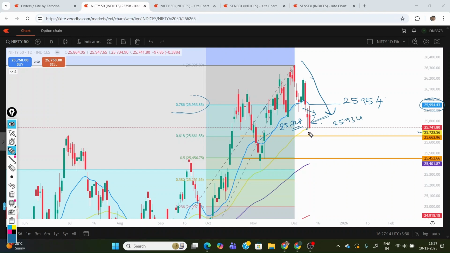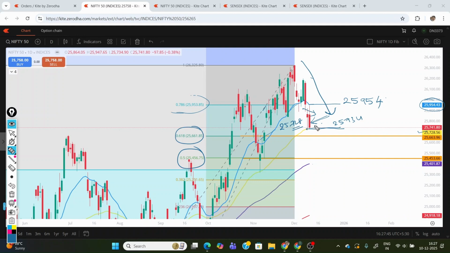So when can one say that the trend is downward and we are looking at 0.618 retracement followed by 0.5 retracement? Or in moving average terms, the 50 period moving average is broken and we are looking at the 100 period moving average. We can only say once this level is breached, either during normal trading hours or through a gap down.